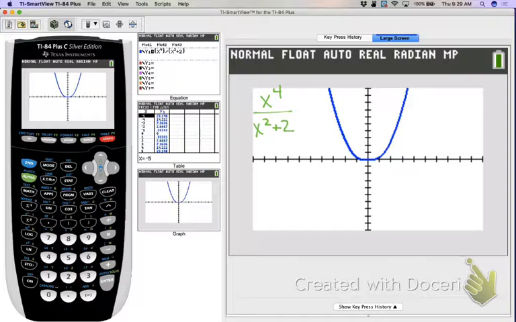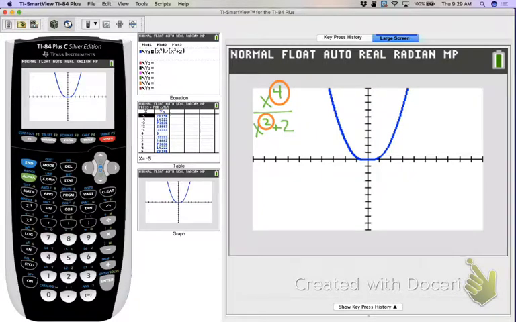Now, do you have a horizontal asymptote? Is there something that it's getting closer to? We said basically you had to look at the 4 and the 2. So is the power bigger on top or smaller? It's bigger.